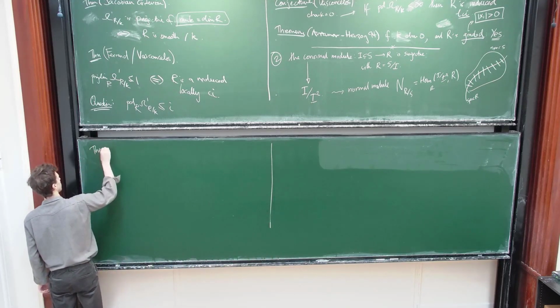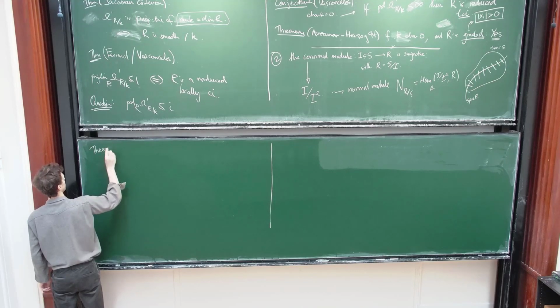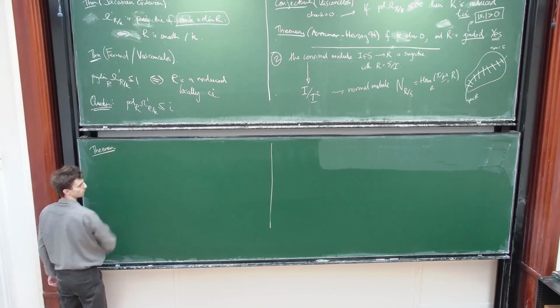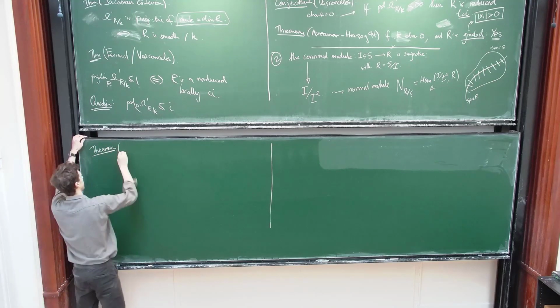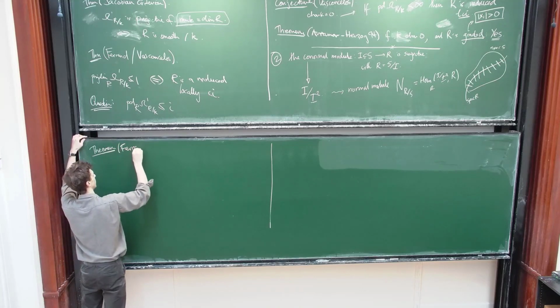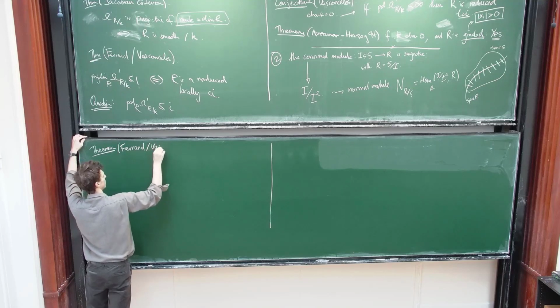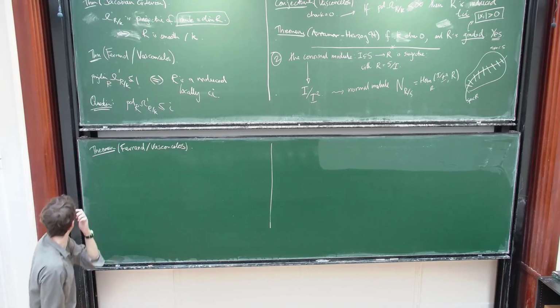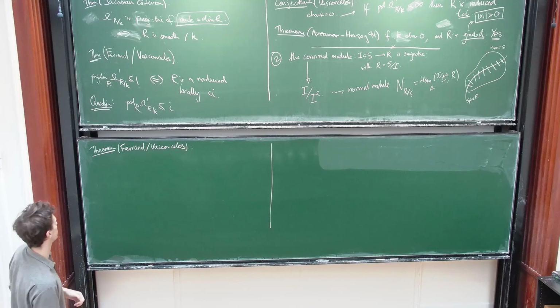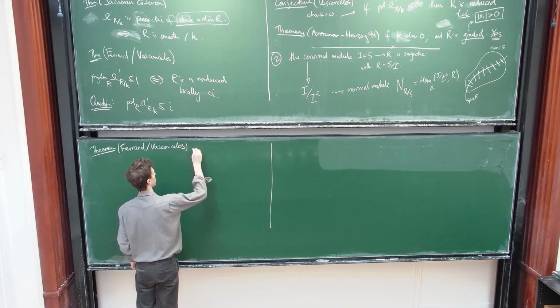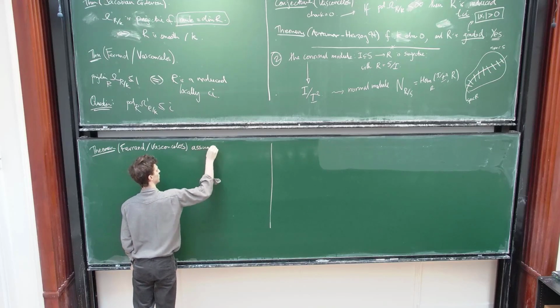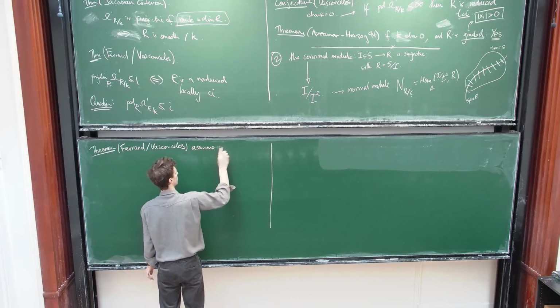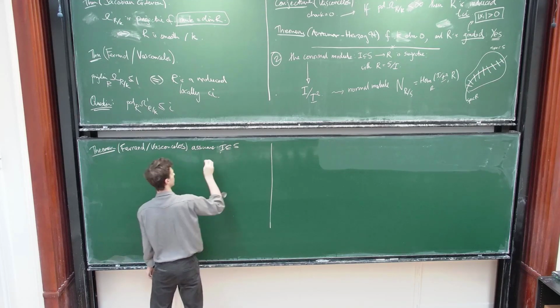So here's a corresponding Jacobian type theorem for the conormal module. This says, again, independently due to Ferrand and Vasconcelos. It just says that, so here we want to assume that I is an ideal of finite projective dimension.